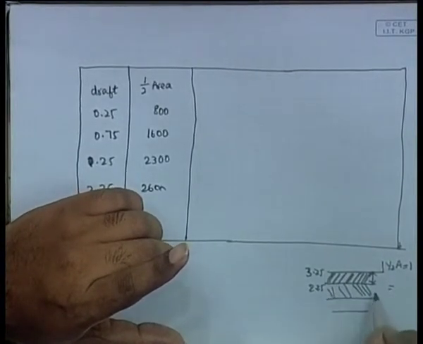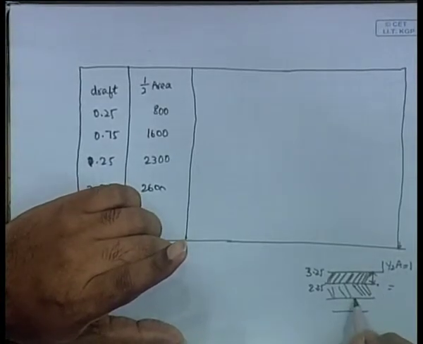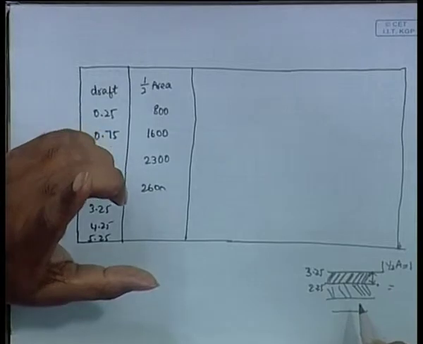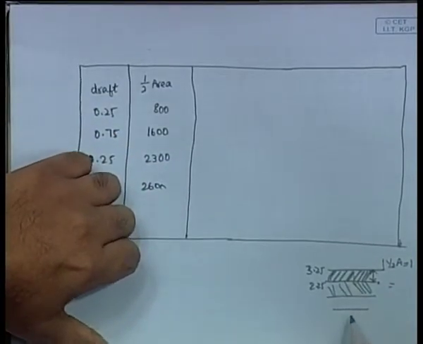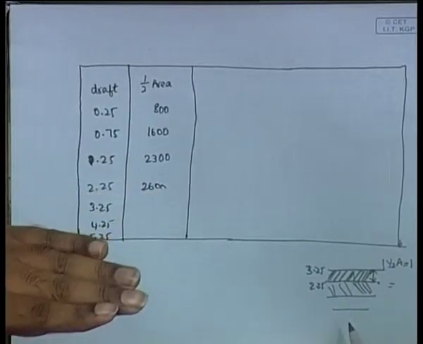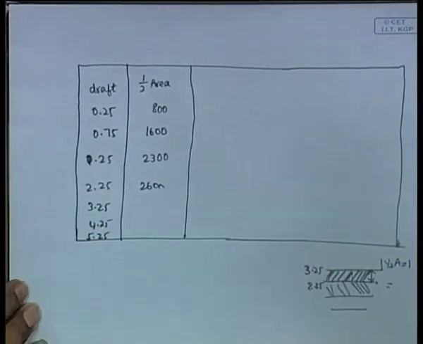That will give you this volume, and the summation of all these volumes will give you the total volume beneath the final draft. So this is what we are doing here.